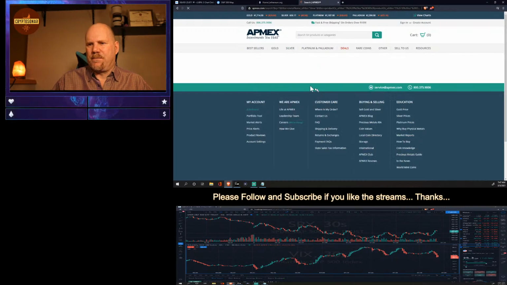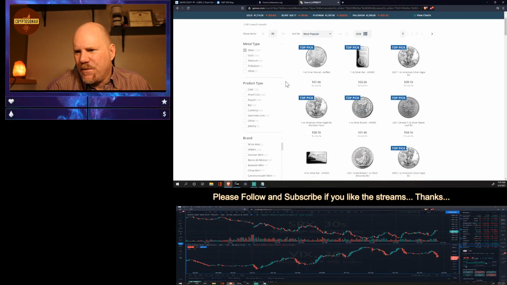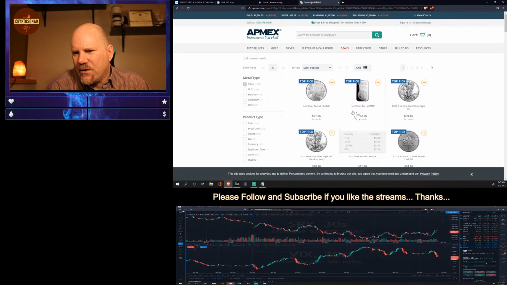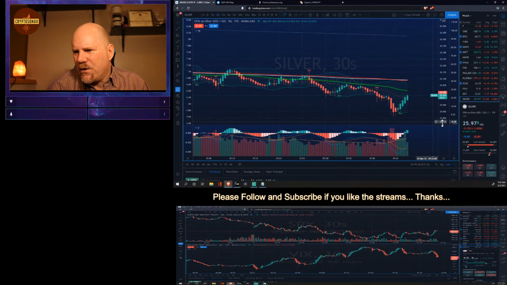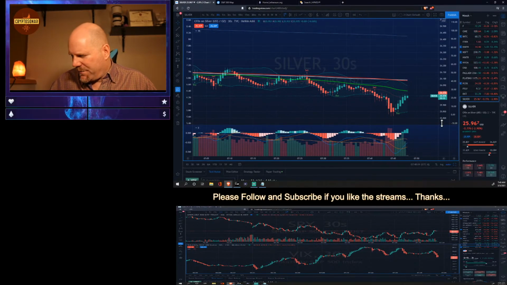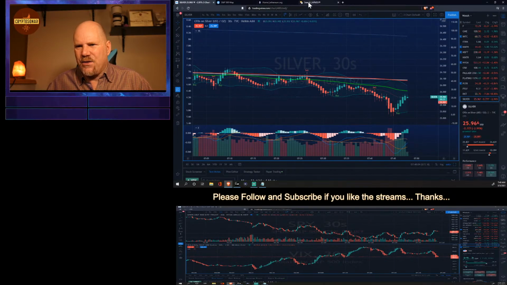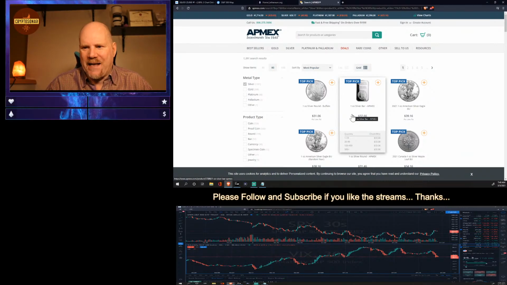Available products. So APMEX is a precious metals purchaser. And if you can see everything here, there's a 1 ounce silver bar, $32. So again, here's what I was talking about. If you're looking at silver at $25.97 spot, and a 1 ounce bar is $32.66, you are paying a 20% premium to purchase a hard asset.